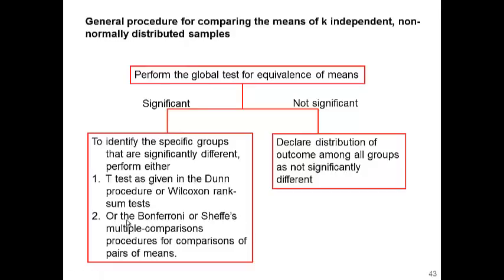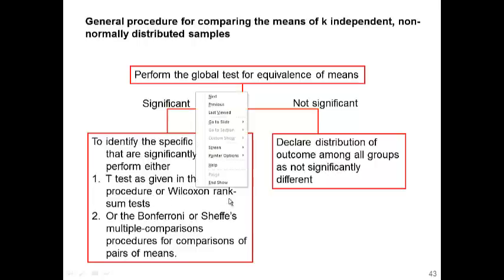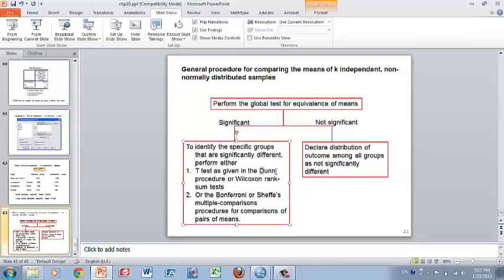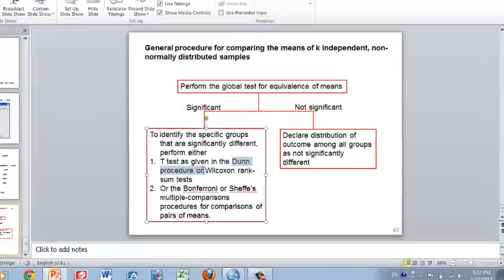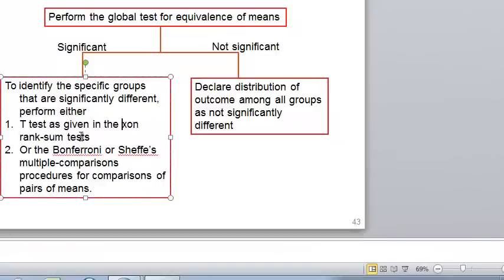So when you do nonparametric analysis, you follow the same thing we did in ANOVA. Perform the global test using the Kruskal-Wallis test, and if it's significant, go ahead and look at each pairwise comparison. I put Dunn's procedure. Let me go ahead and fix this too.